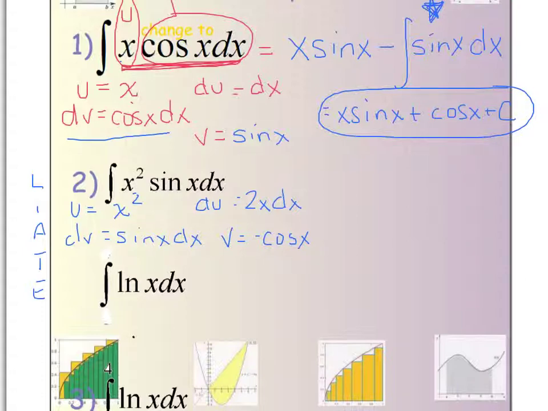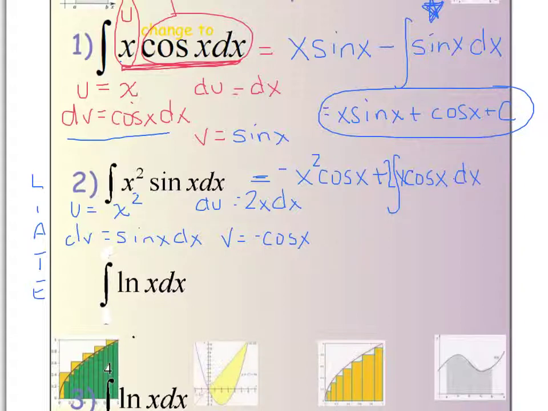So this integral becomes, let's see, the integral of u dv is equal to uv, which is x squared times negative cosine of x, minus the integral of v, I'm going to make that plus, du times 2x dx. So I'm going to put the 2 out in front and the x right here. Ha! But look at that.